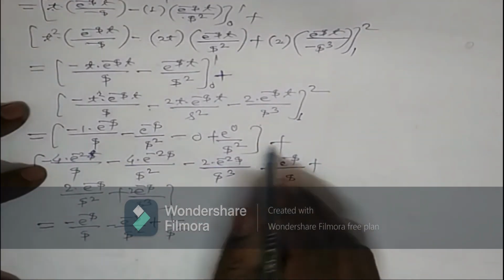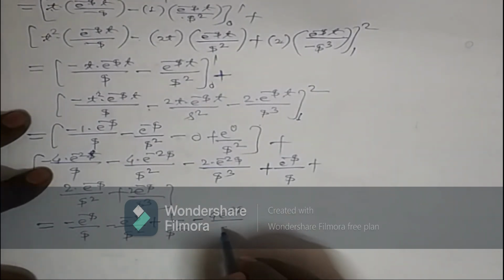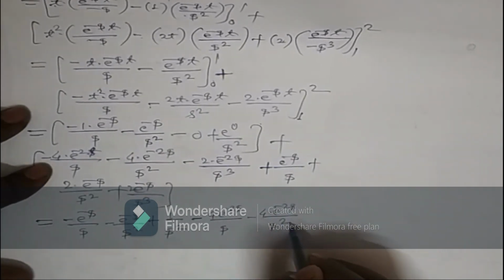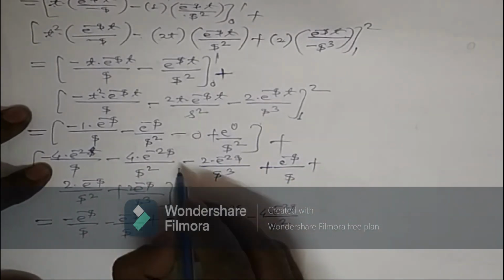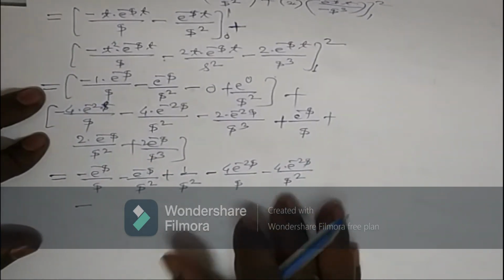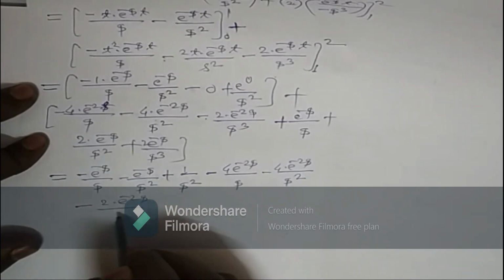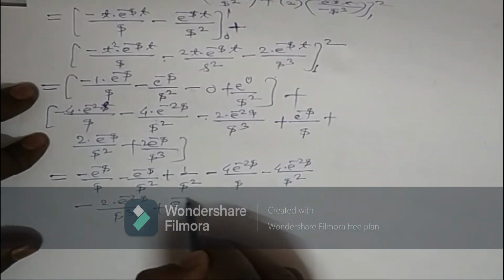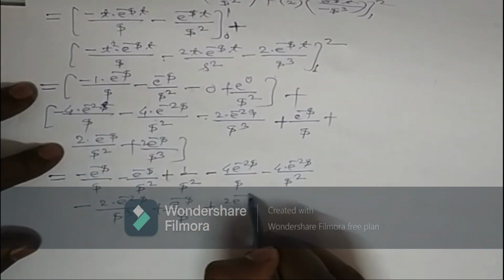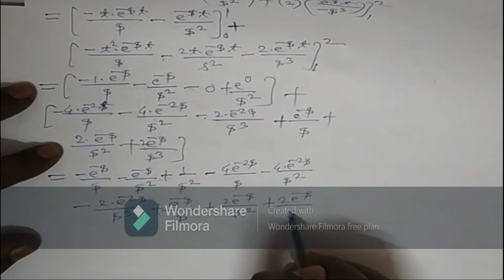Now plus minus minus 4 e raised to minus 2s upon s, minus 4 e raised to minus 2s upon s square, minus 2 e raised to minus 2s upon s cube, plus e raised to minus s upon s, plus 2 e raised to minus s upon s square, plus 2 e raised to minus s upon s cube.